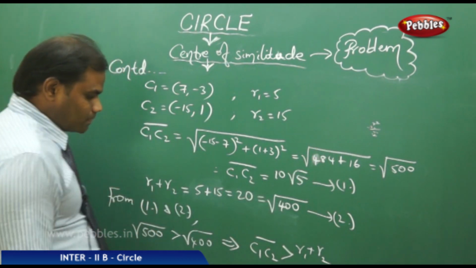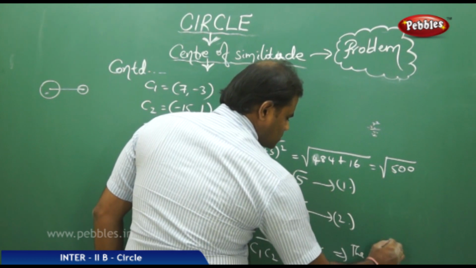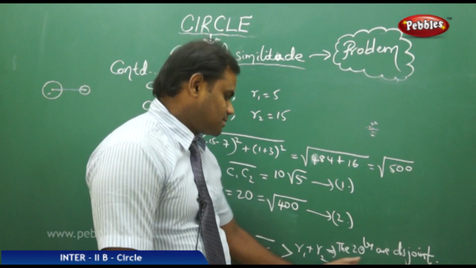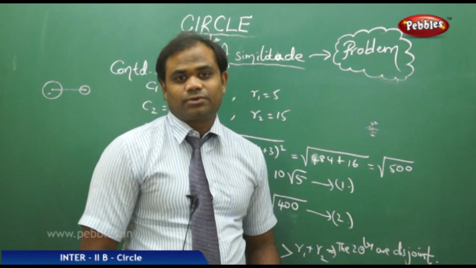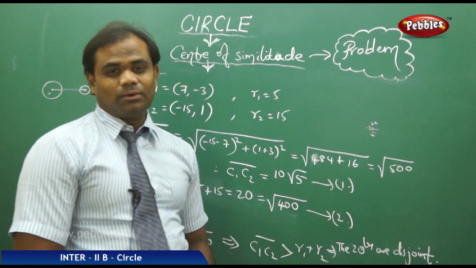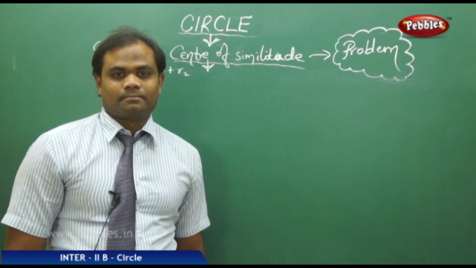So this implies the two circles are disjoint. Now when the circles are disjoint, let's see how many common tangents we can draw for the two disjoint circles.